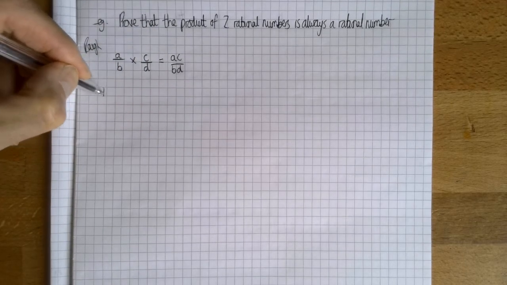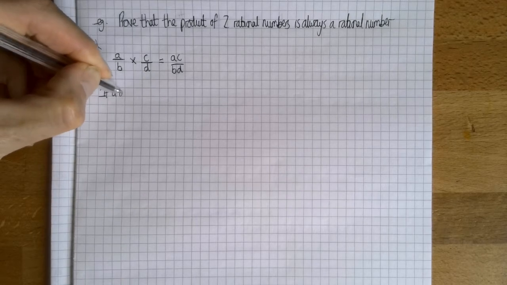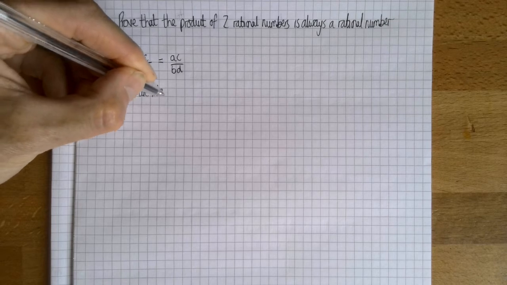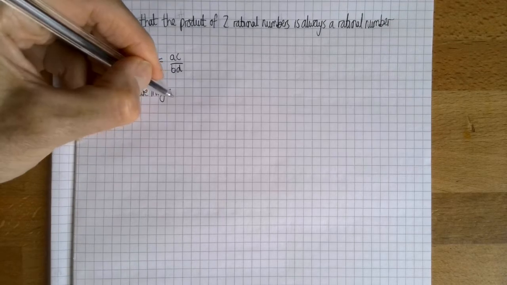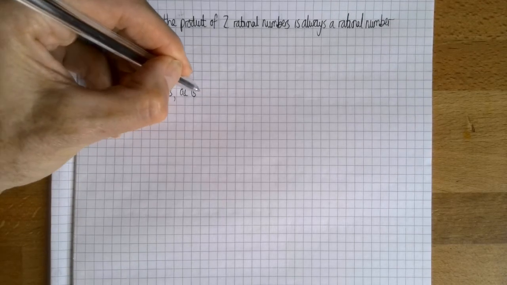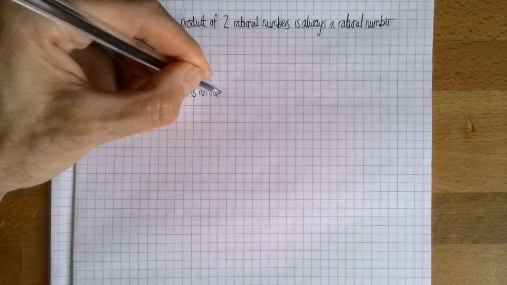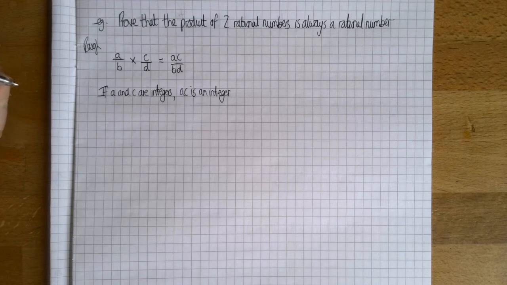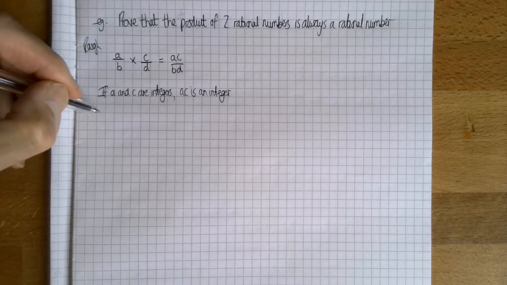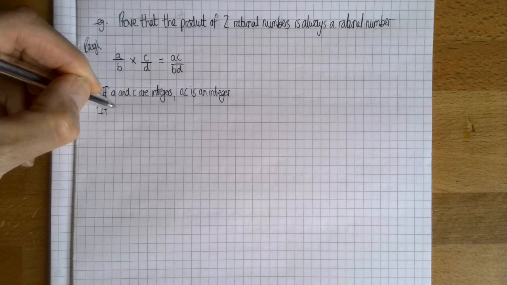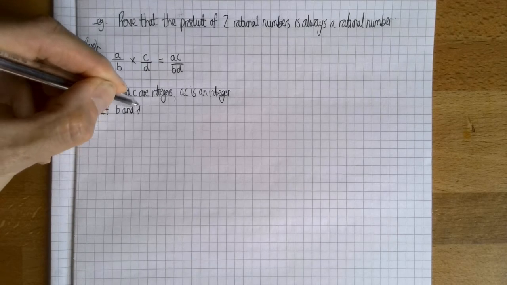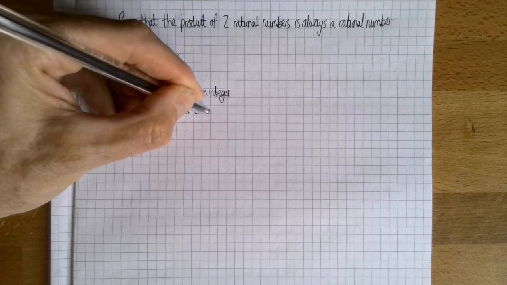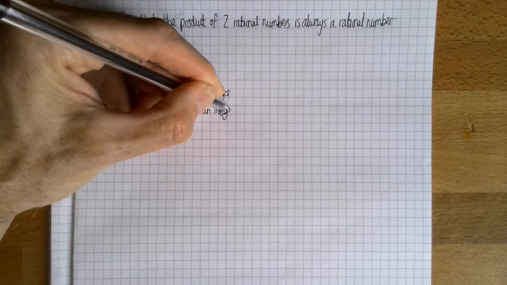So if A and C are integers, and AC is an integer, you multiply two whole numbers together, the answer is always a whole number. And ditto, if B and D are integers, BD is an integer.